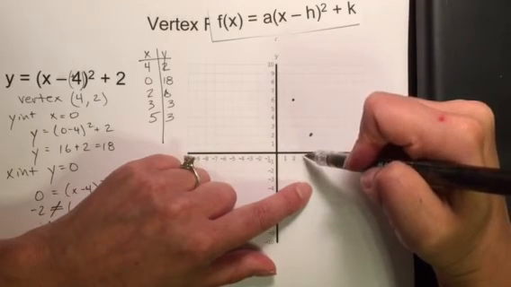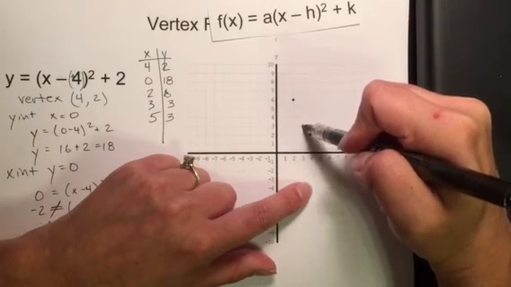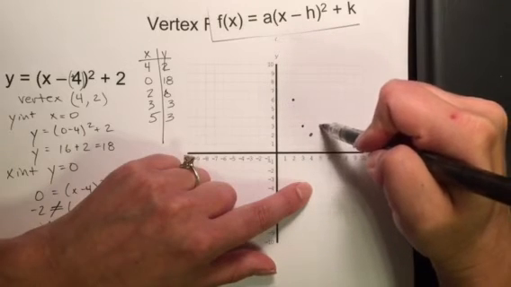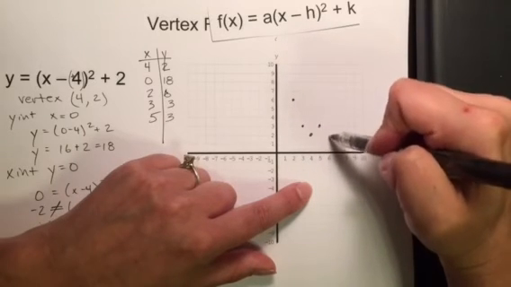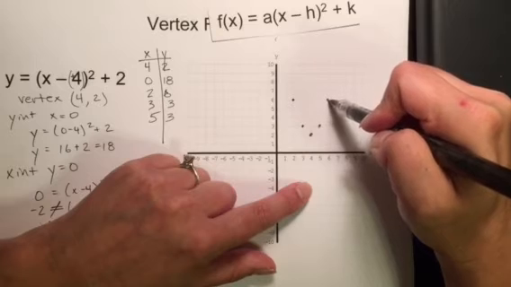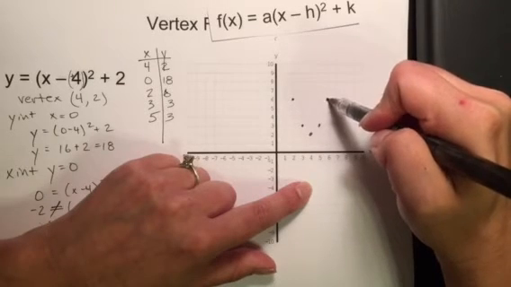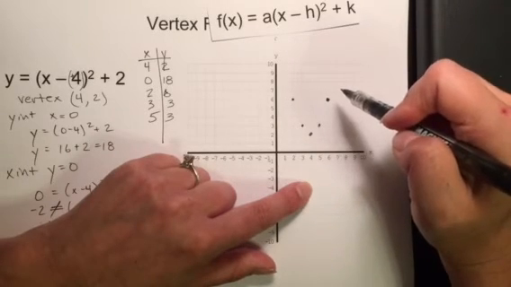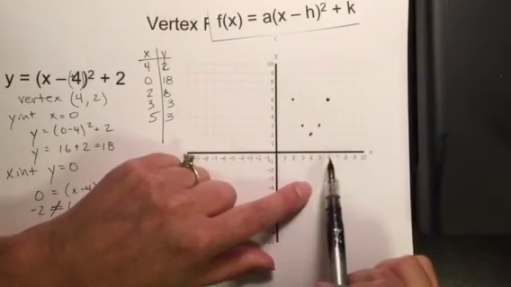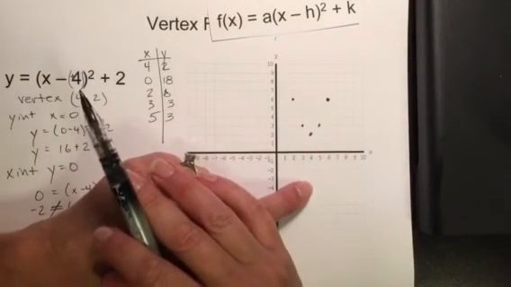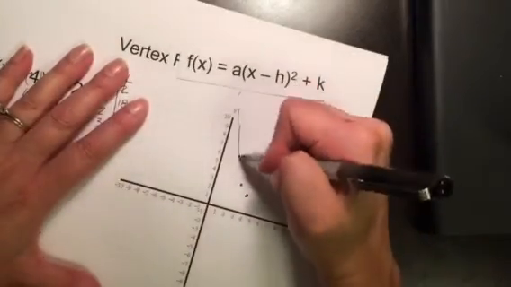And then 3, 3, and 5, 3. And guess what? If I plug in 6, it's going to be 6, because 6 minus 4 is 2, 2 squared is 4, plus 2 is 6. Symmetry.